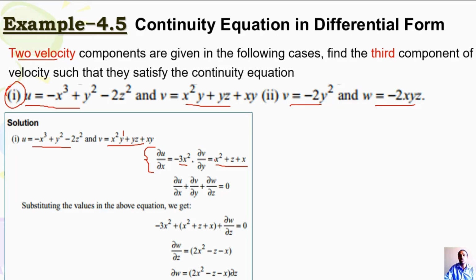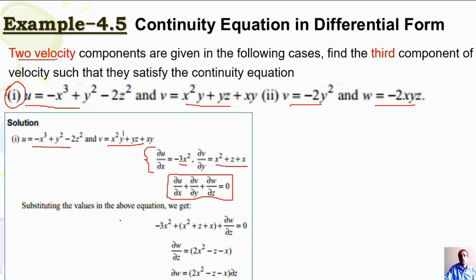Then plus z from yz, since y is differentiated, so z plus x. So you have del u del x, del v del y. This is the general equation for continuity equation. So it should satisfy this one.